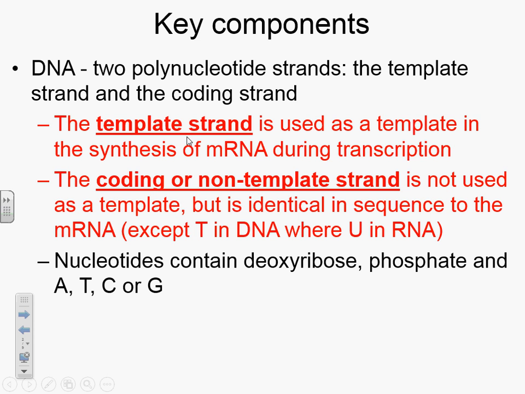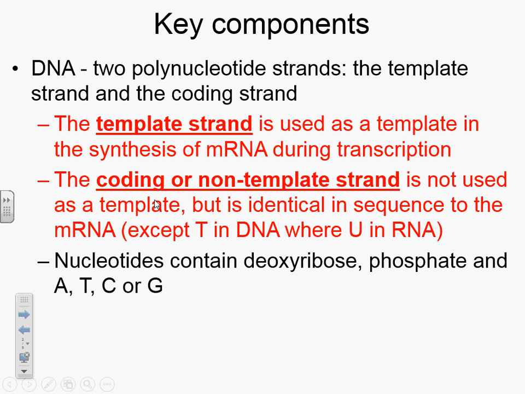So I would prefer to use template and non-template. The word coding actually is related to the fact that the non-template strand contains the same sequence, of course, as what you get in messenger RNA, apart from having the thymine in DNA but uracil in RNA. But I think it adds confusion, so I tend to stick with non-template strand now because it's just easier.